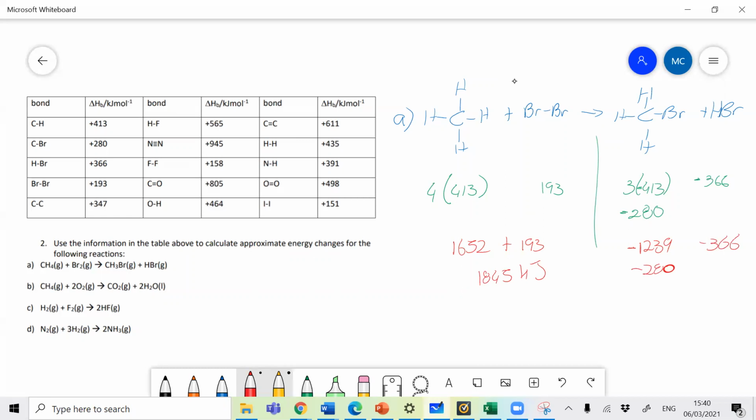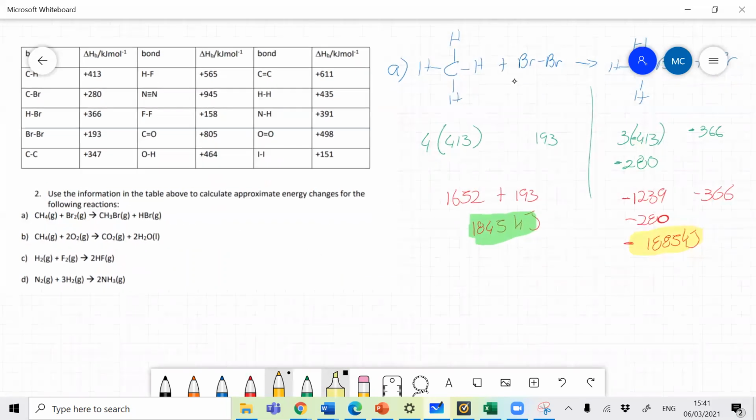So at this point, you add all of them together. This will be minus 1885 kilojoules. So this is the bond breaking. This is the bond making. We're gonna add both of them together.